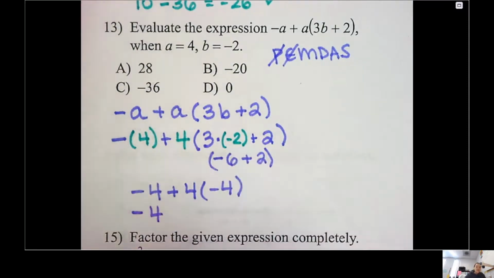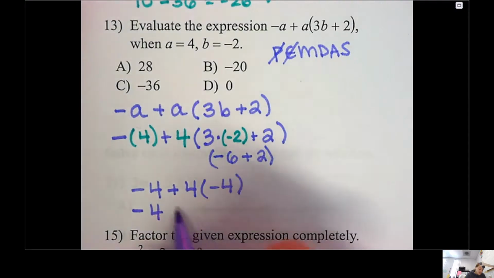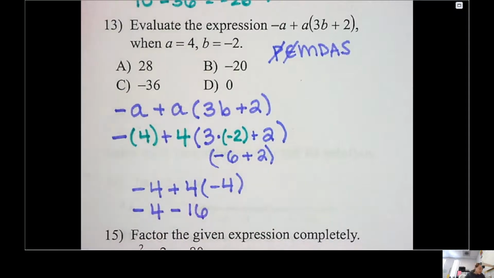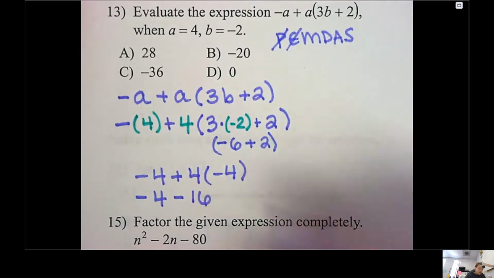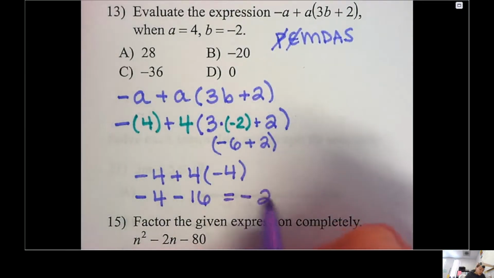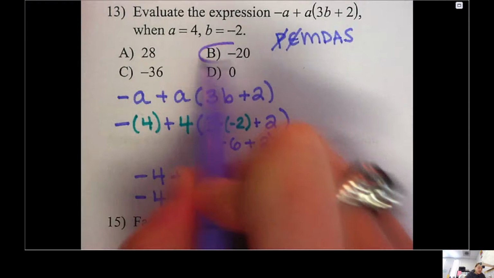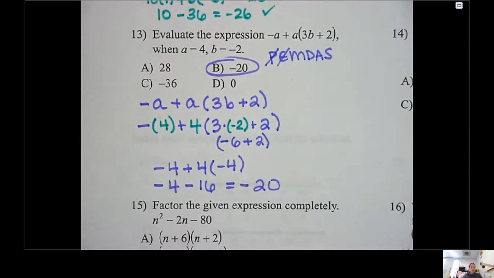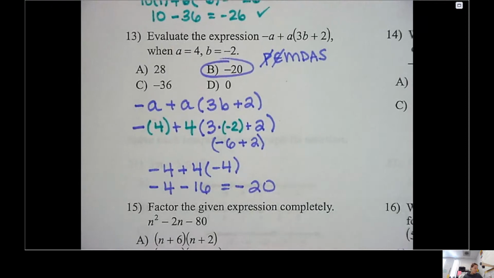So 4 times -4 gives me -16. And now I've got the last step, -4 minus 16. So think about it, I borrowed $4. I borrowed another $16. In total, I borrowed $20. So my answer is B. Order of operations is everything. You must follow order of operations. You're not going to get the question right.